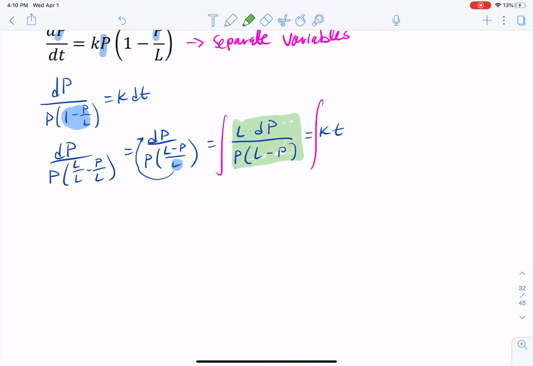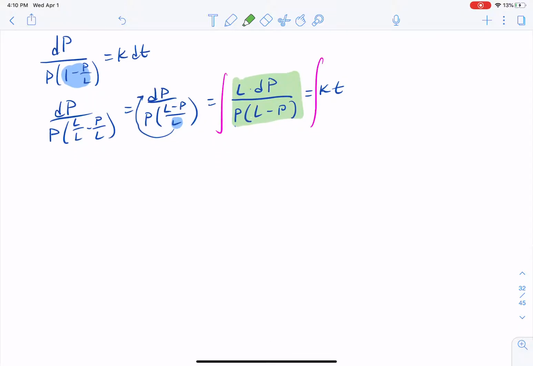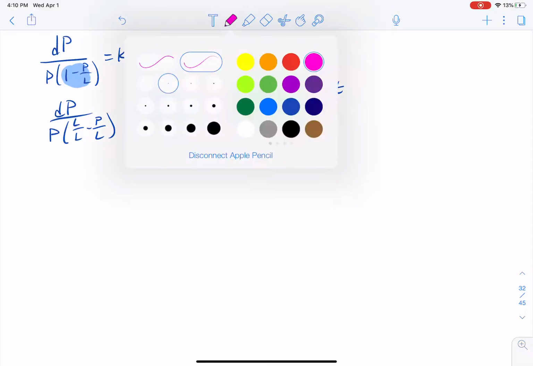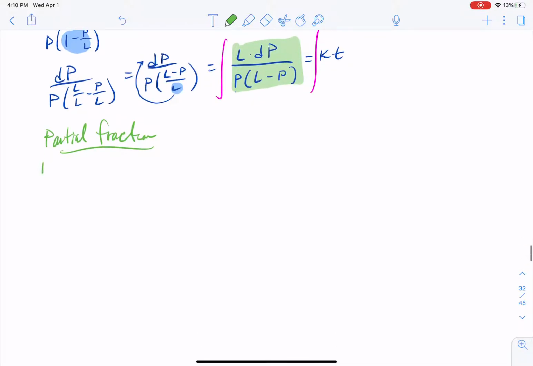I'm going to do this in green. Partial fraction decomposition with just the left-hand side of the equation is going to look like this. I have L over P times L minus P. Our variable here, remember, is P. It's like our x.